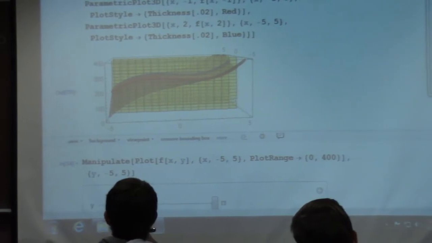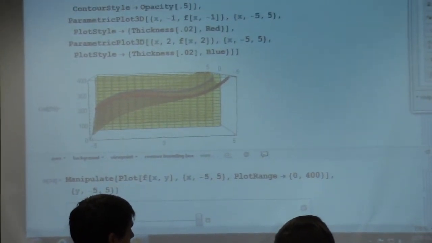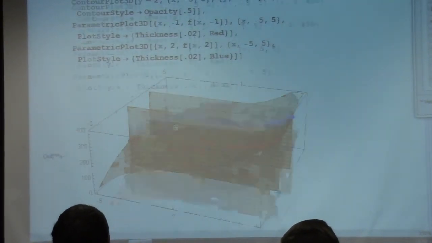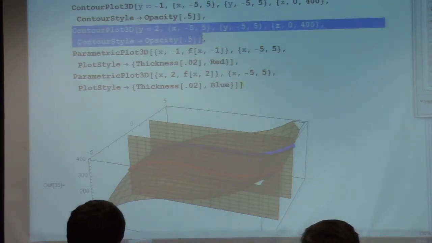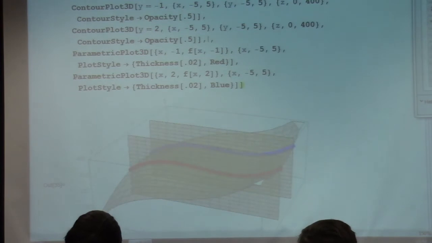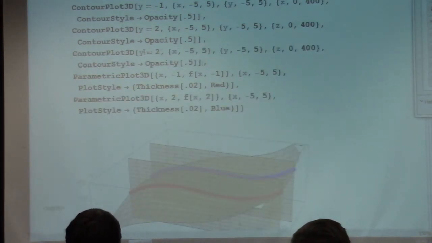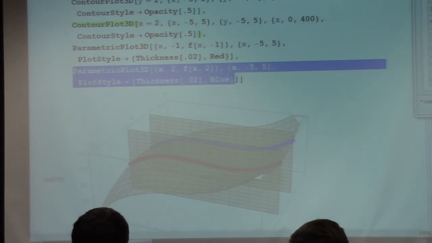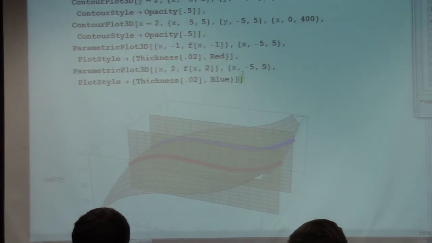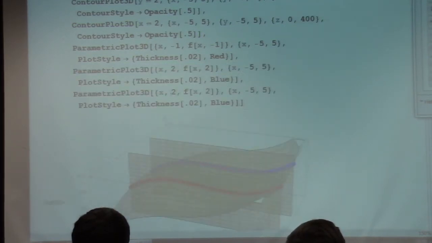And of course, it should make sense that you can also cut this with planes that are constant values of x instead. For example, x equals 2. Change the y to an x here. Copy and paste the parametric plot as well. Let's see how we have to change that.